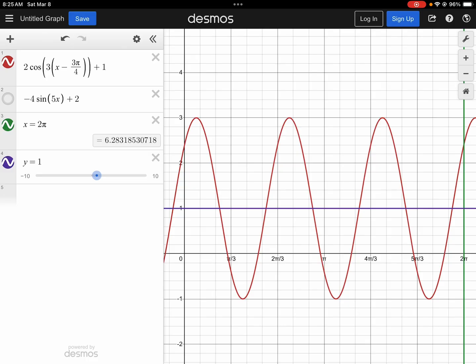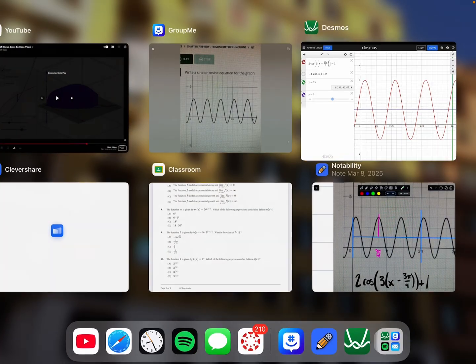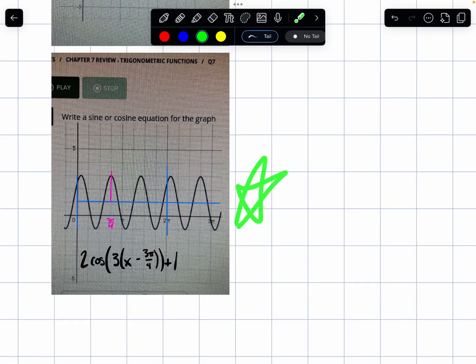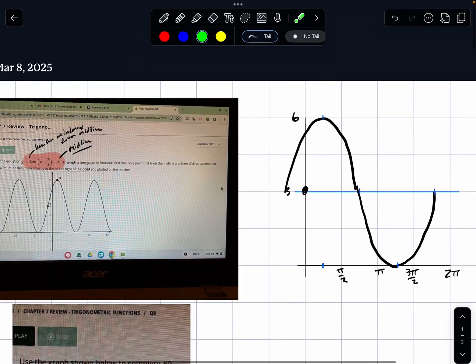Ask what happens if this is negative, what happens if it's positive, what happens if I do negative cosine instead of positive. That's going to help you get a better understanding to be able to do this on paper, like we did here and here.